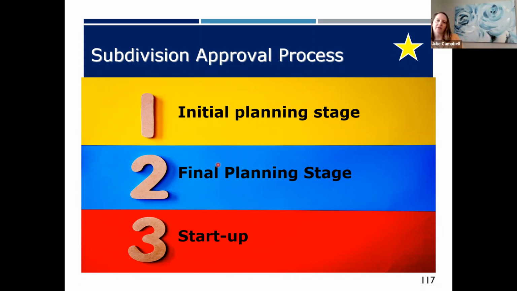We need to draw up the preliminary plans, the preliminary plat map. We need to get initial approval from the zoning board. Stage 2, we can start finalizing those maps, those preliminaries. And then stage 3 is when you and I start seeing them show up to actually start the work, actually start the build.